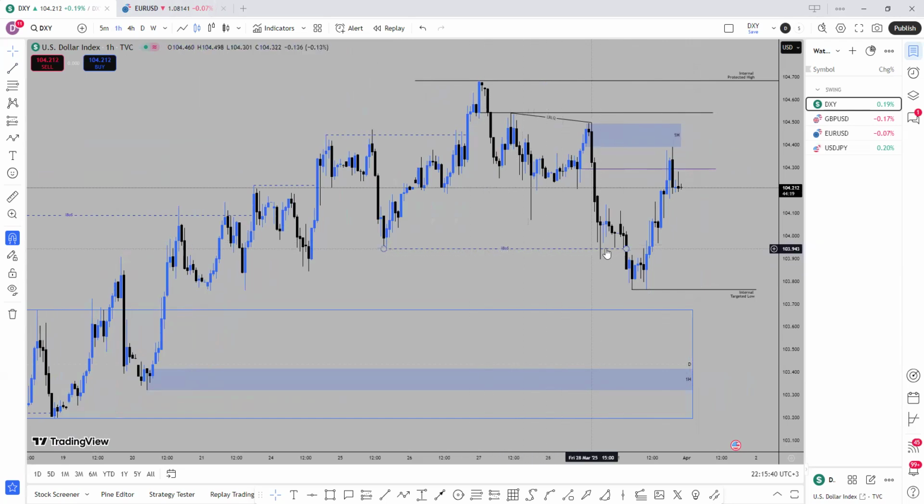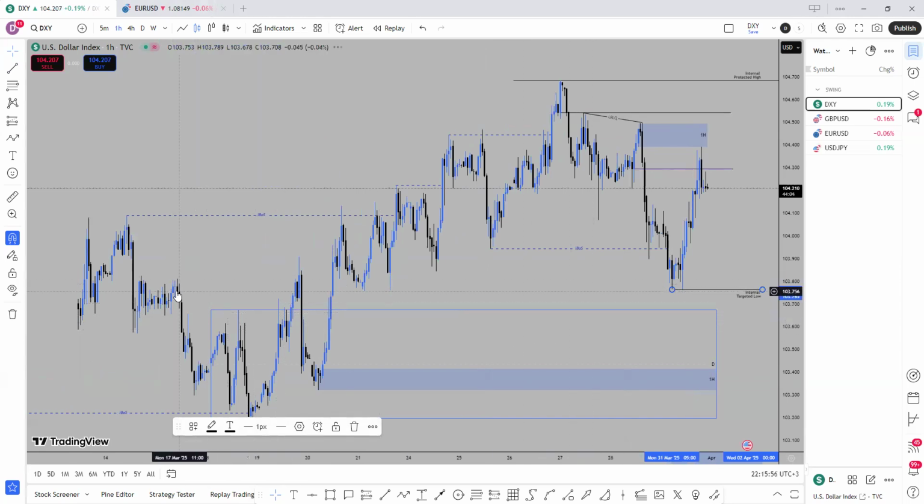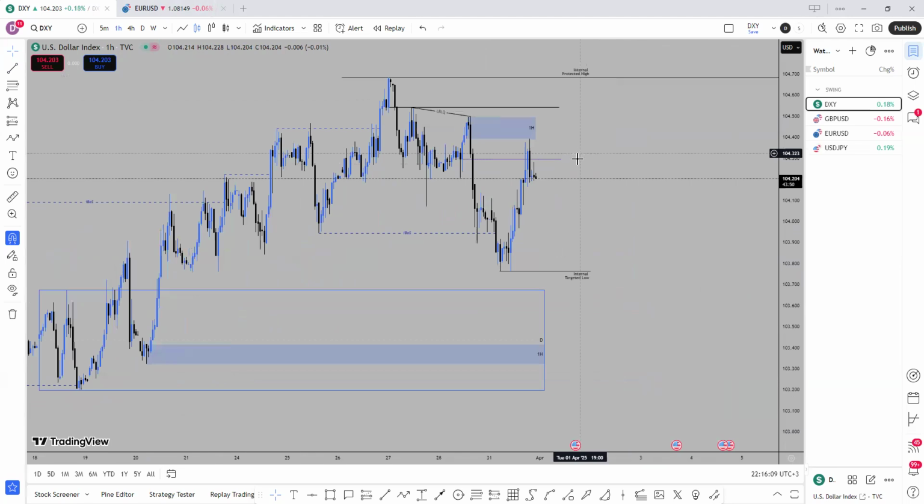The reason we broke structure to the downside was just to facilitate that fractal pullback. The daily order block starts from, I think, this level, so from that level we can expect to see the market pushing all the way to the upside and violating the internal trend. So that is the price action on the daily right now.